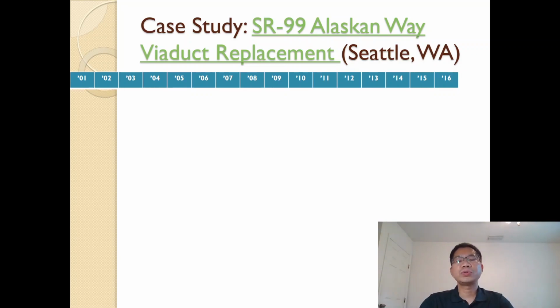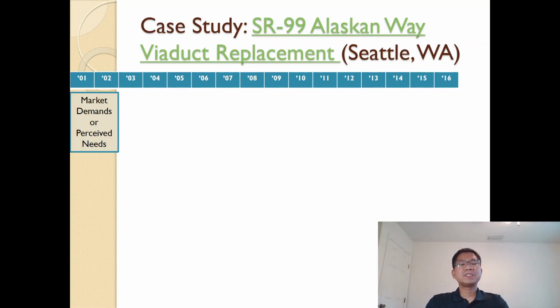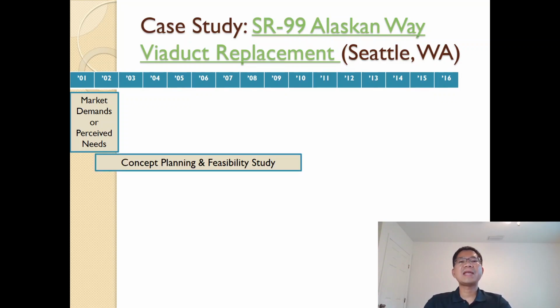From the original schedule that I got and put on worksheet number 1, you see the market demand and perceived need when the earthquake hit the Alaskan Way Viaduct, in 2001 and 2002. And then they start conceptual planning and feasibility study, and it takes about a decade to do that. Find out the environmental impact, find out the funding, etc.